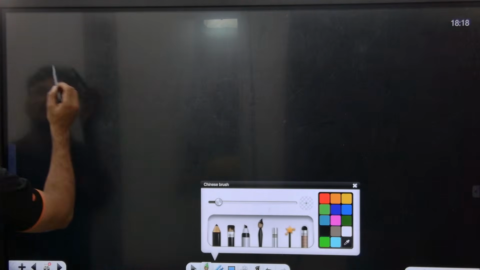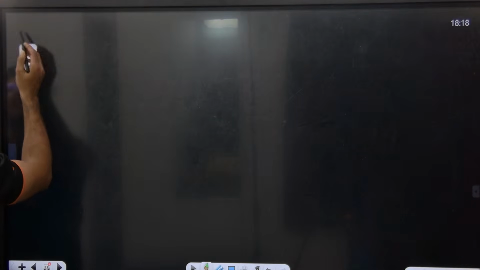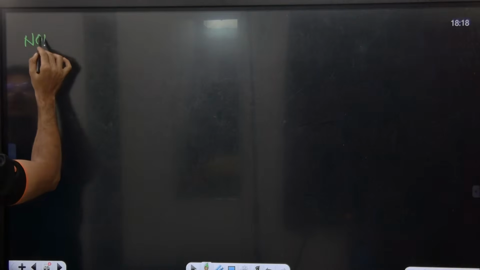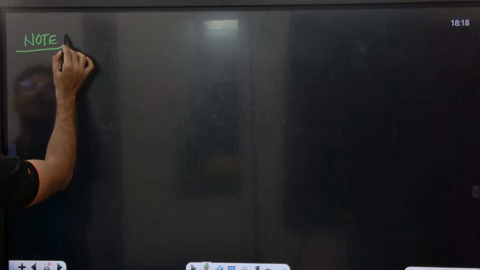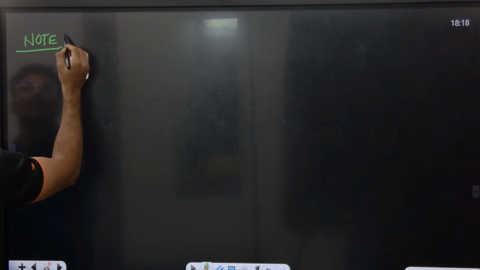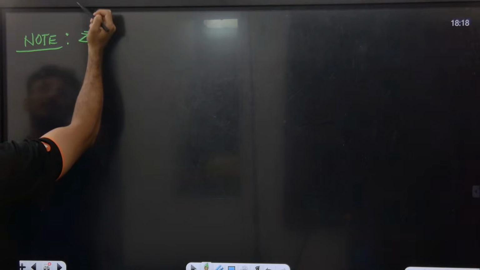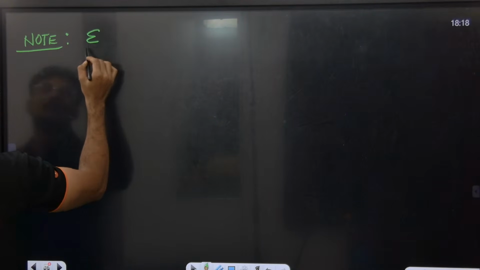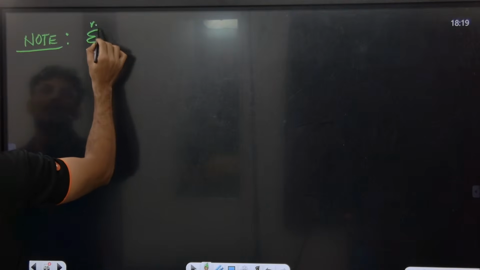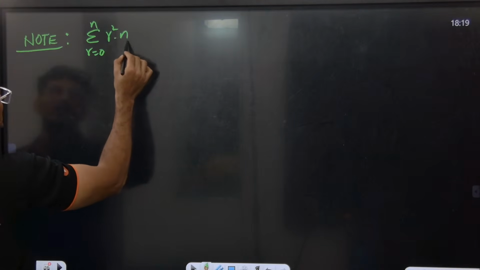Note. This proof you need to do. In the proof, you can just do this. Okay, guys. Sigma, this can be written as sigma r is equal to 0 to n of r square into nCr.